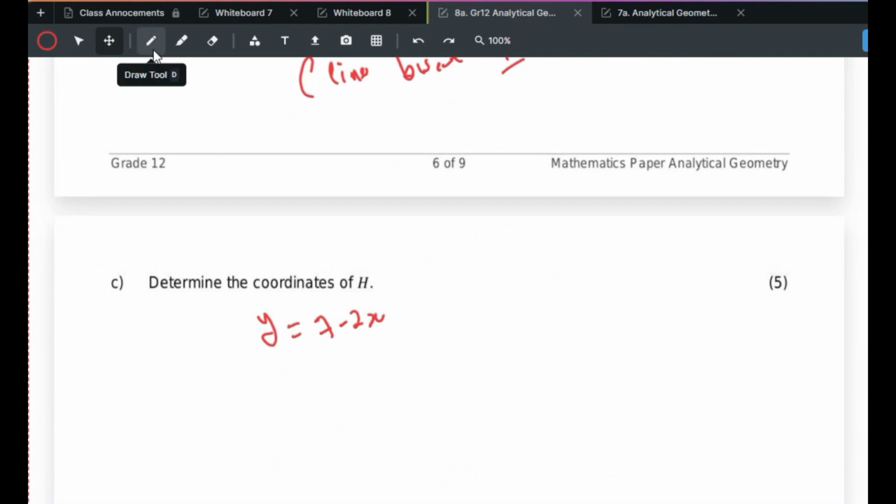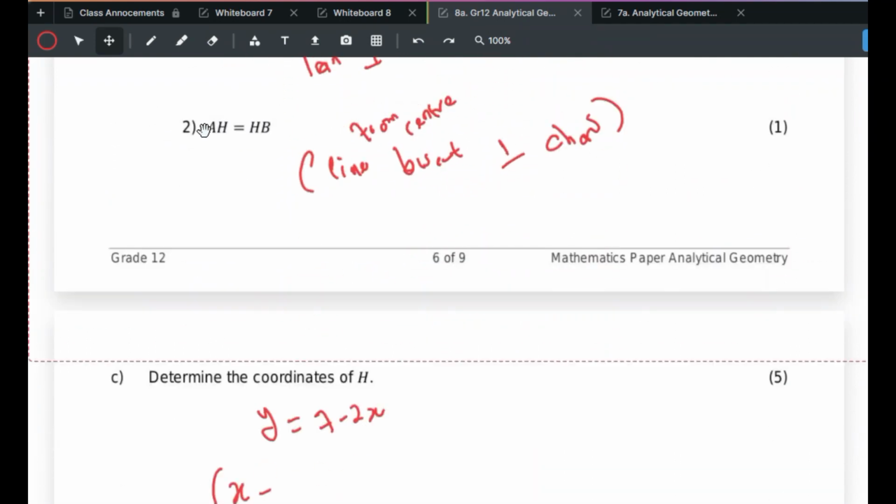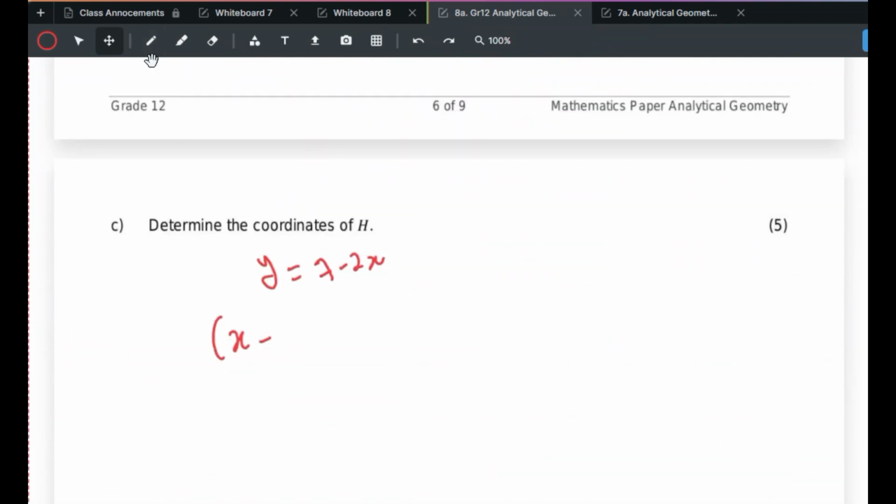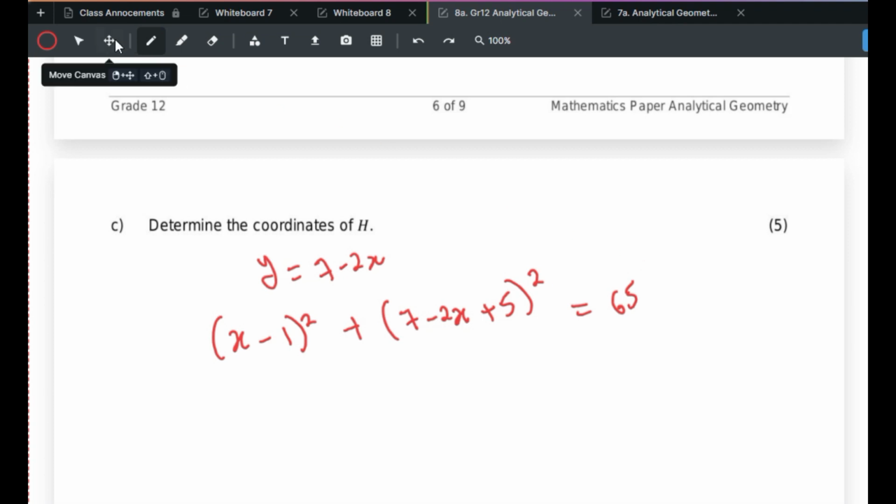So we have (x minus 1) squared plus (y plus 5) squared, which is (7 minus 2x plus 5) squared, is equal to 65. So substituting that, we get this. Let's see if we can simplify it.